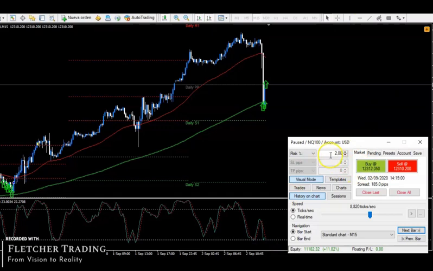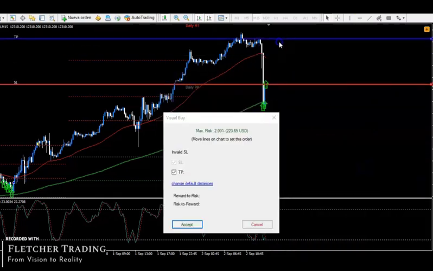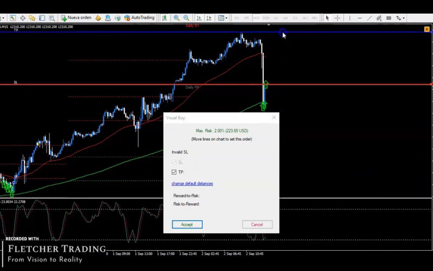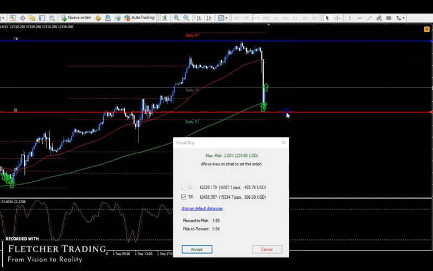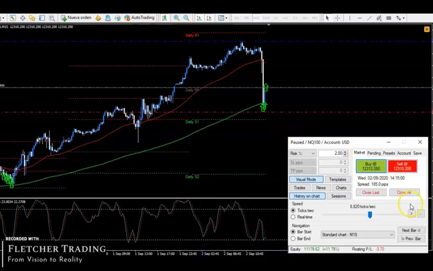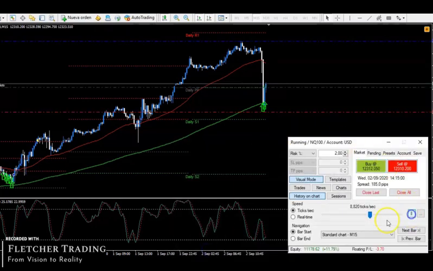So I'm just going to click buy with a 2% risk. We're going to have the take profit at around these highs up here, and then we're going to have our stop loss just below these lows, and we're looking at a risk to reward at around 1.8, which is not too bad, except let's see how this plays out.